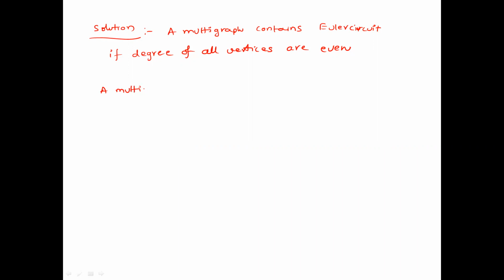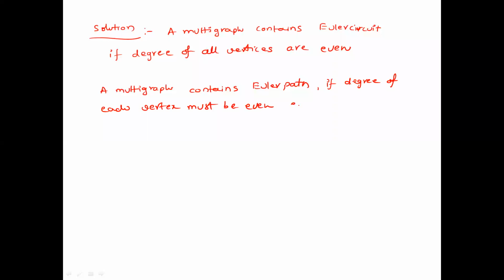A multigraph contains an Euler path if the degree of each vertex must be even except two vertices.